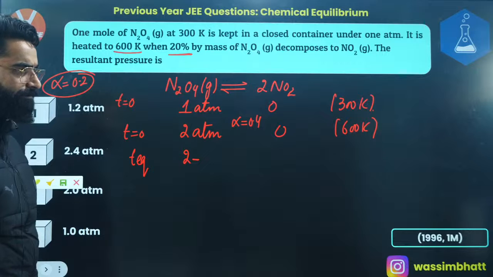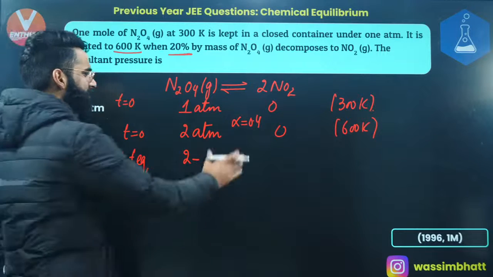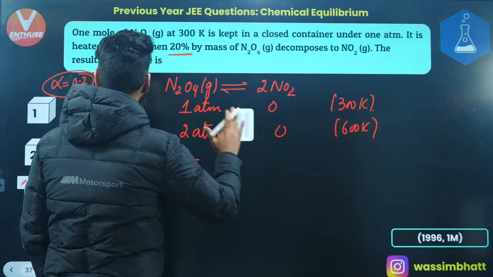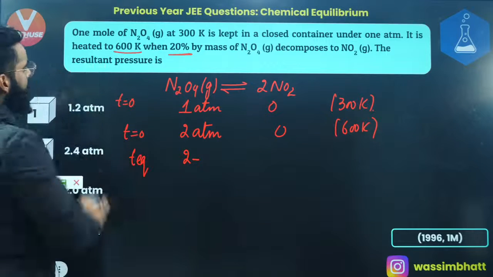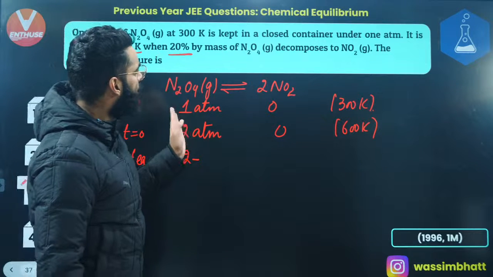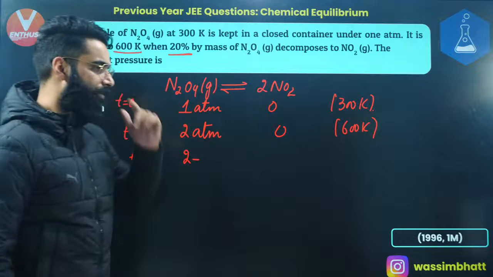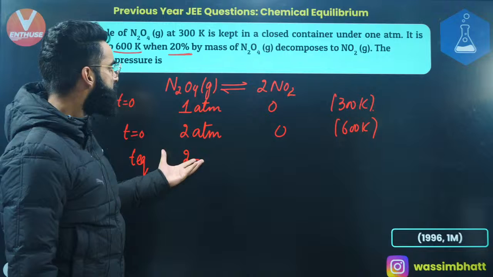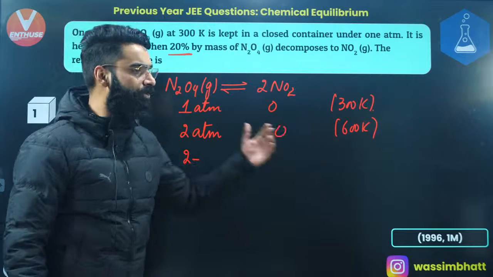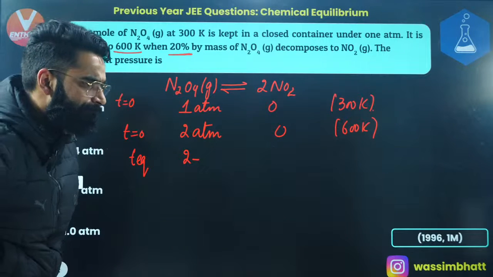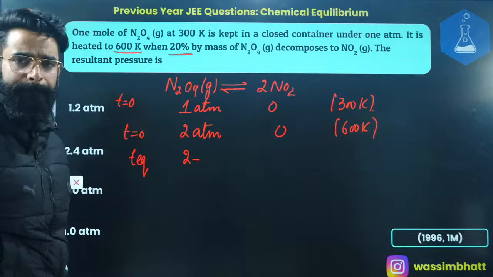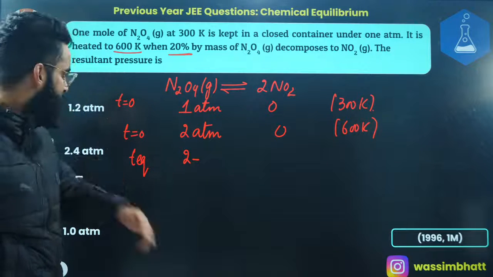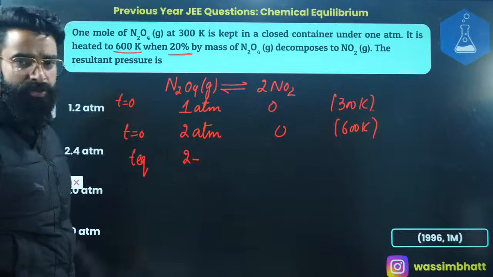Or you can clearly say, let's leave alpha aside. 20% of N2O4 is getting converted into NO2 when the temperature was 300 Kelvin. That means 40% will be getting converted into NO2 at 600 Kelvin.